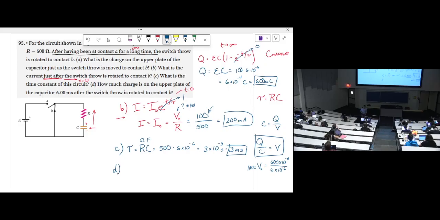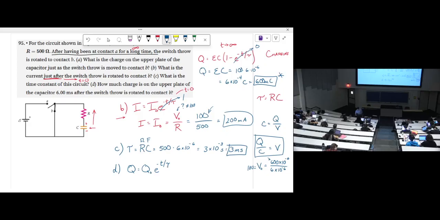How much charge is on the upper plate of the capacitor 6 milliseconds after the switch is thrown? Well, we said last time that Q is equal to Q naught, which, since it's fully charged, is the 600 microcoulombs we got in part A, times e raised to the minus t over tau.